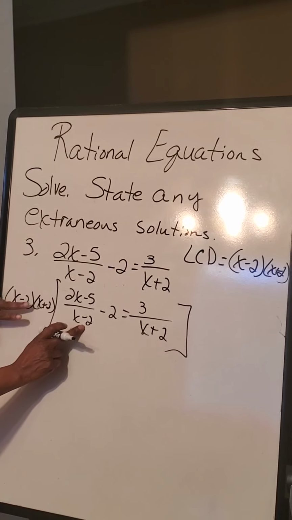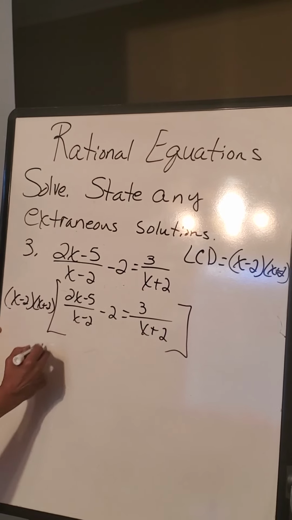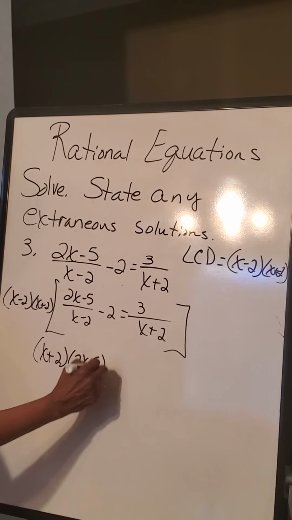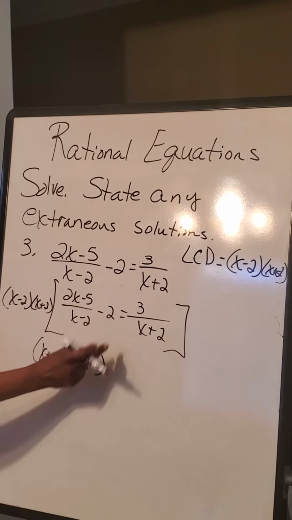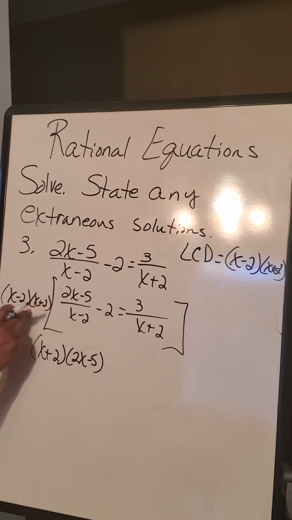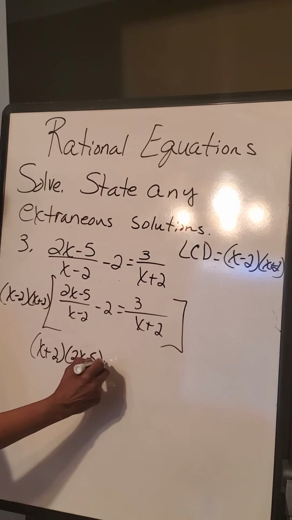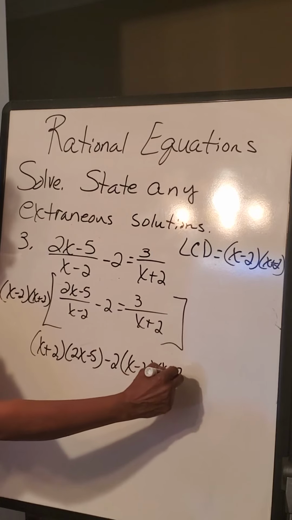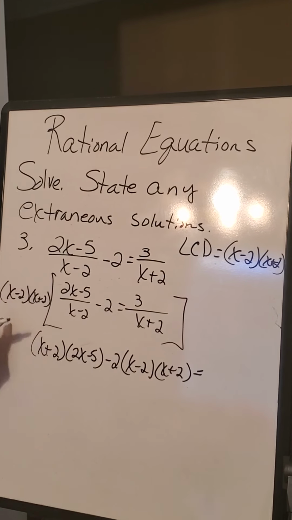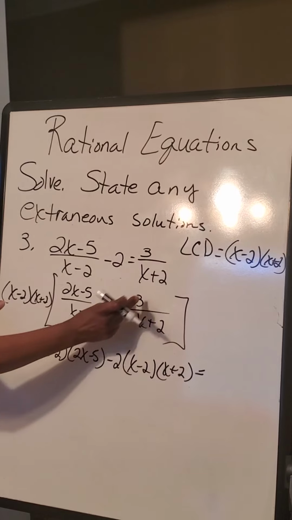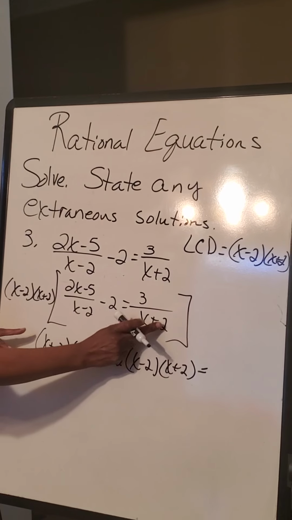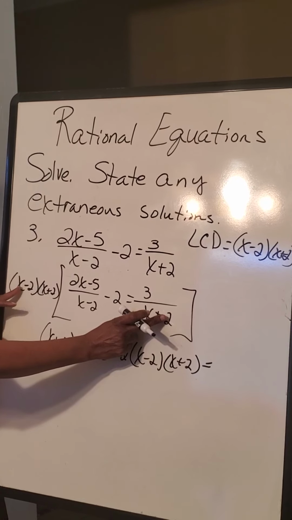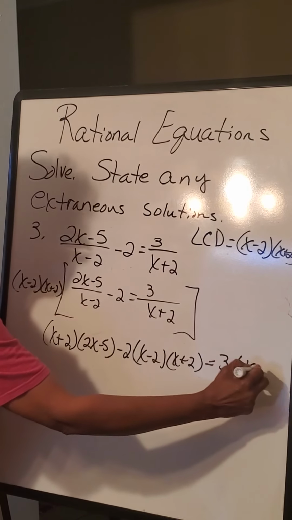That will cancel. I'm left with x plus 2. So I'll take the x plus 2 and multiply it by the 2x minus 5. Then when I come here, I'm going to multiply 2 times this least common denominator. So it'll be minus 2 times x minus 2 times x plus 2 equals. Then when I multiply this LCD times this fraction, I tell students I cover up what they have that's alike. What's left is what I multiplied 3 times, that x minus 2.